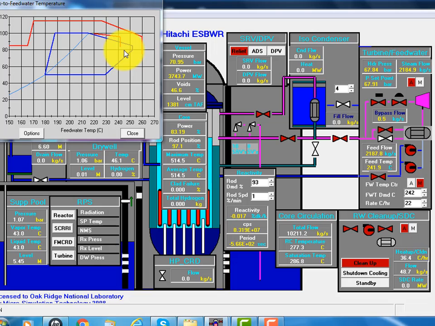See, without changing the feed water temperature, the power is vastly reduced from 95% now down to 80%. And of course, suppose we reduce the feed water temperature back to 215, you see the power.